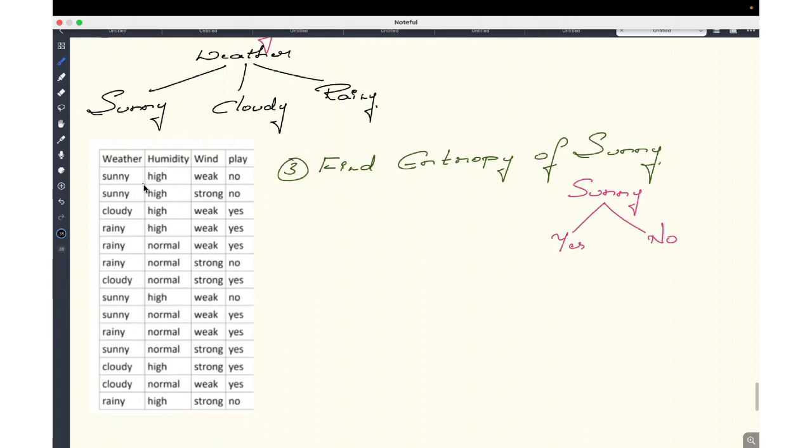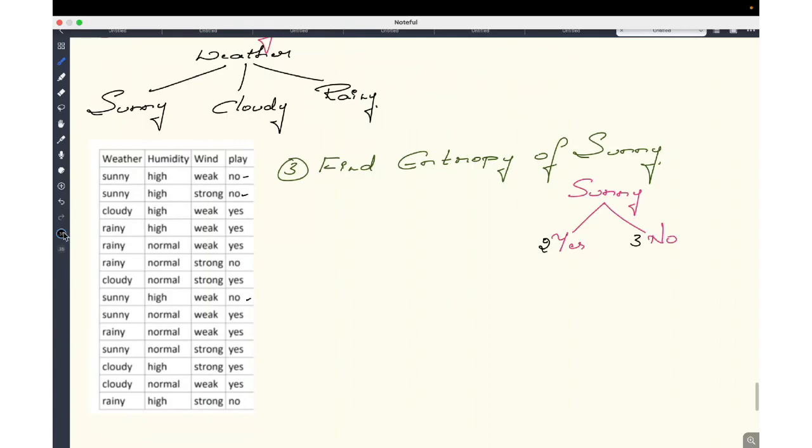Sunny no, one, two, three, three no. Sunny yes, two. So two yes and three no. Understood how I'm checking? I'm checking the sunny yes combination and the sunny no combination. Okay.